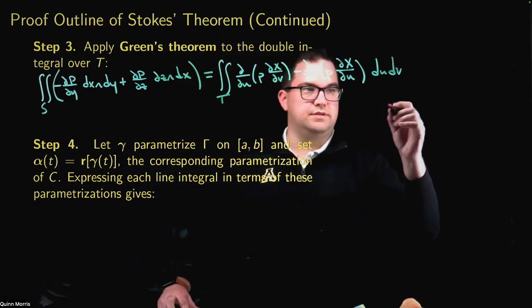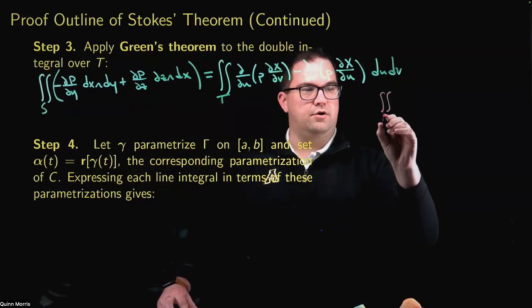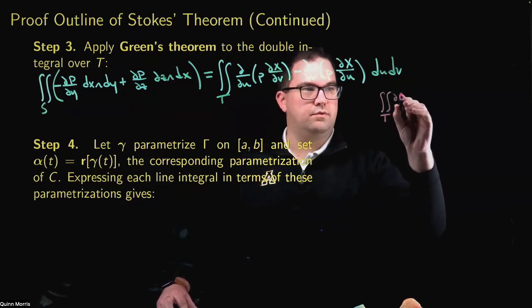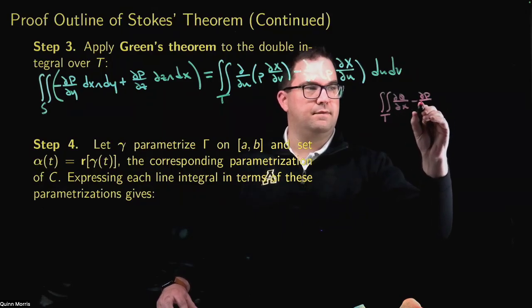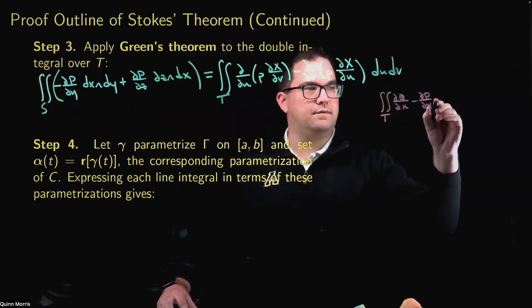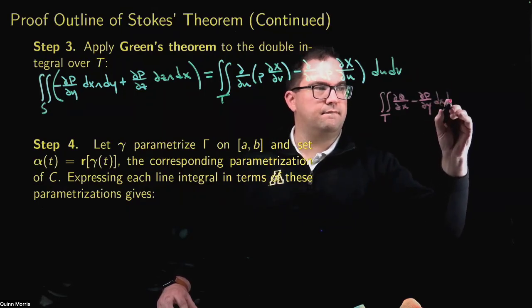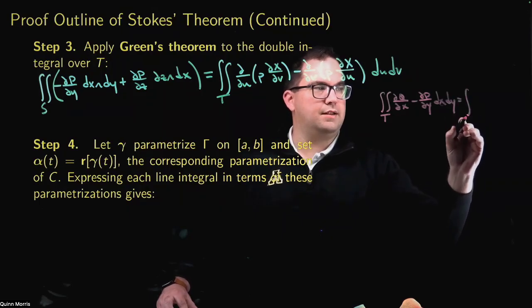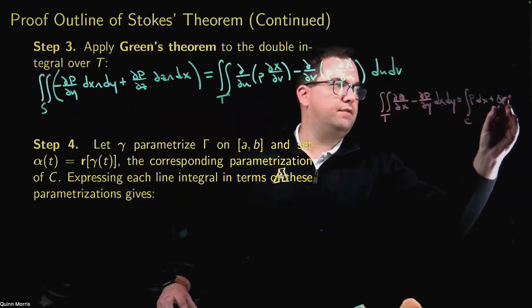What does Green's theorem say? It says the double integral over T of dQ/dx minus dP/dy dA is equal to the line integral over C of P dx plus Q dy.